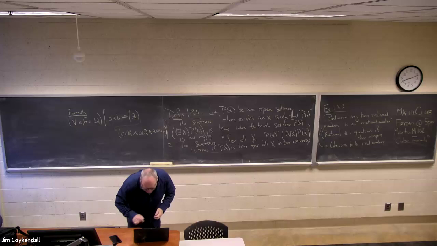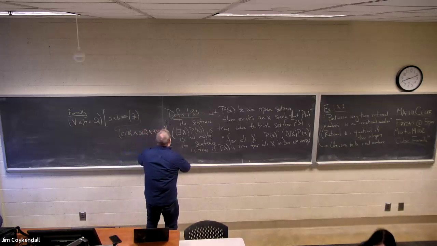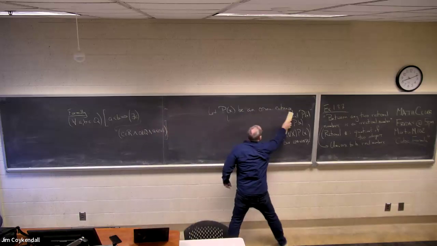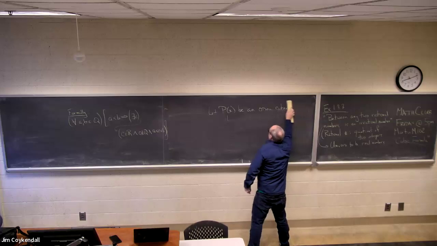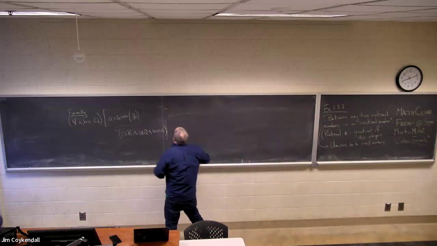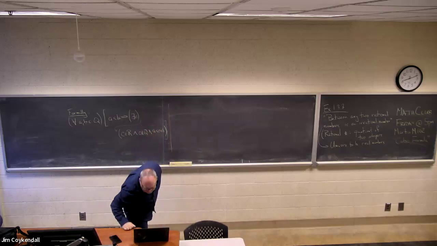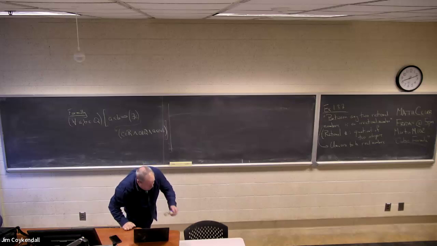Okay, how about this one? This is kind of an Archimedean property we'll talk about later. Here's another statement we can try to put in fancy terminology. How about this? For every natural number, there's a real number that is larger.